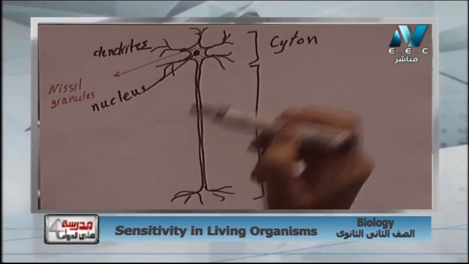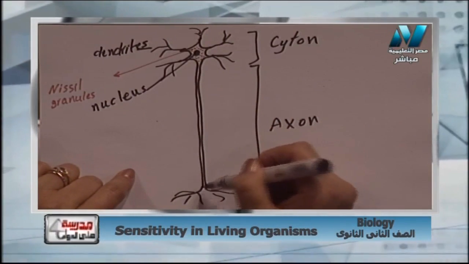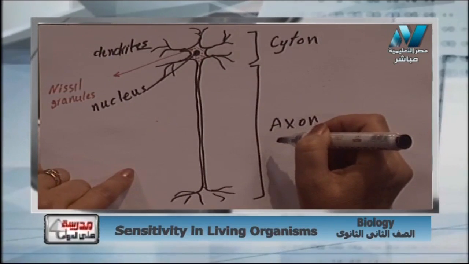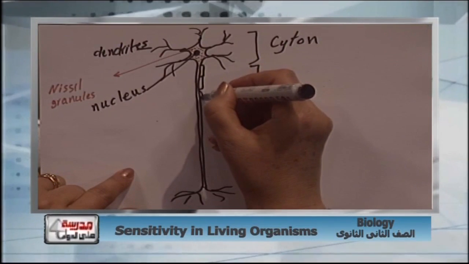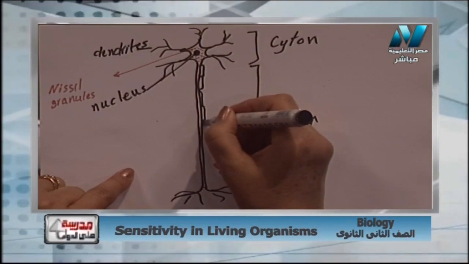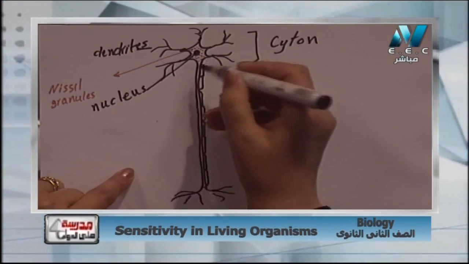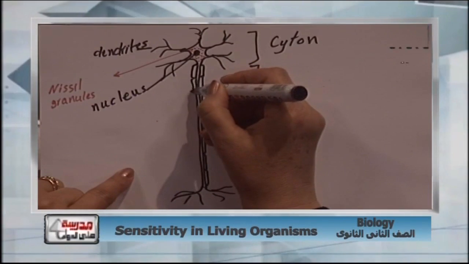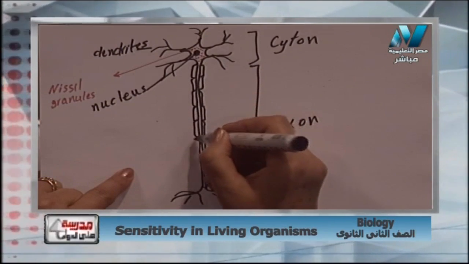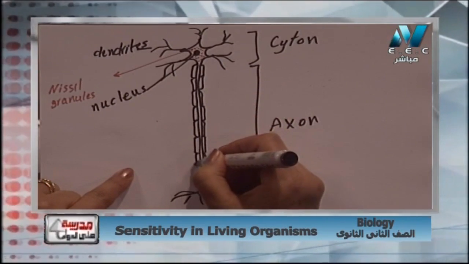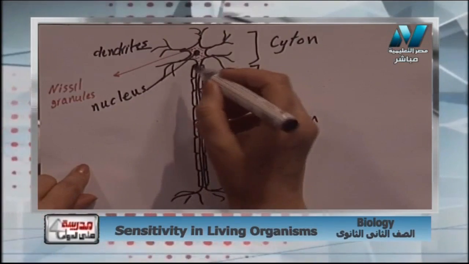One of the extensions of the cytoplasm surrounded by membrane is called the axon, and the axon is surrounded by cells called Schwann cells. We draw it like this. And these Schwann cells surround the axon and secrete a fatty layer or fatty substance called myelin layer.